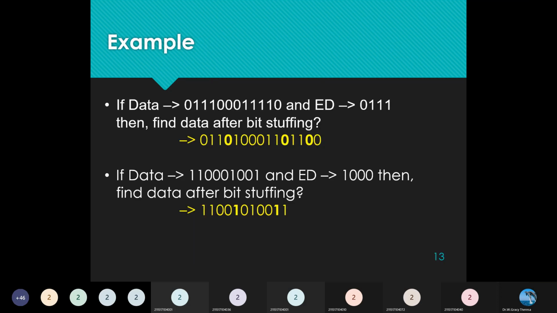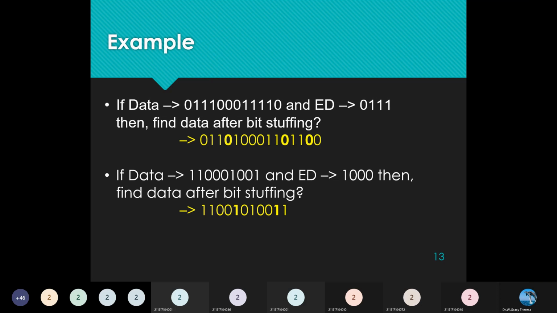So let me see an example here. For example, if the data is 0 111 followed by 000, 111, 10, and we have an end delimiter of 0 111. So normally the end delimiter is indicated as 0 111, so what bit stuffing do we do here?